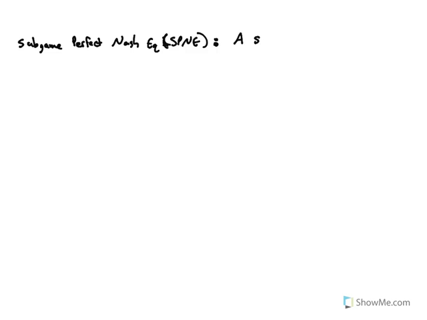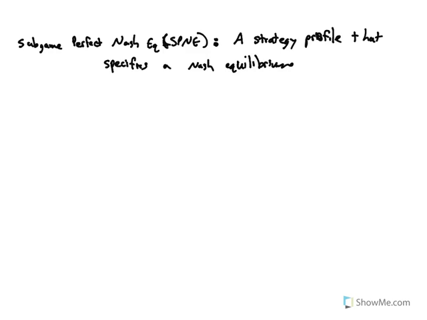It's a strategy profile that specifies a Nash equilibrium in every subgame.